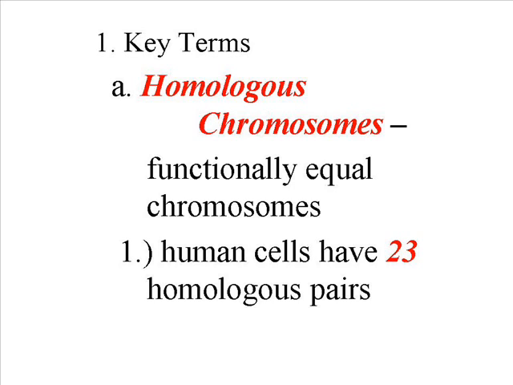And so it turns out, again, due to sexual reproduction playing out, that in humans we have 23 pairs of these homologous chromosomes. Okay? 23 pairs comes to a total of 46 total chromosomes. Okay?